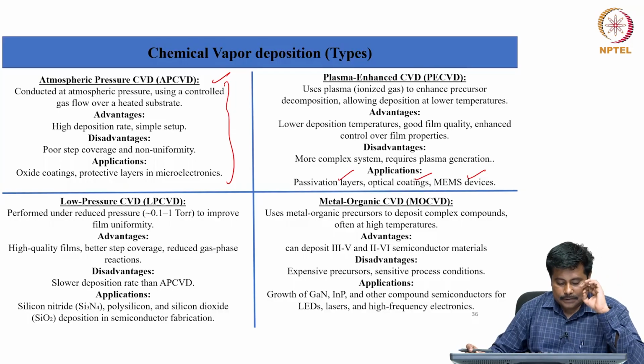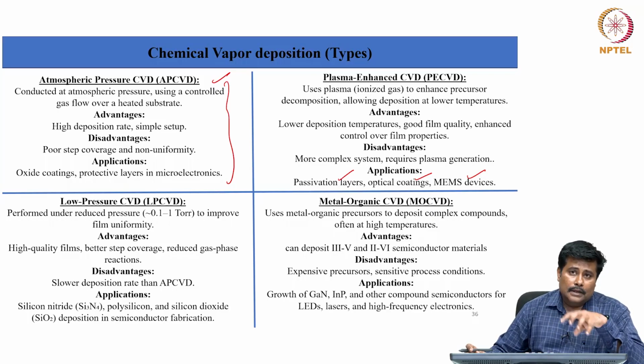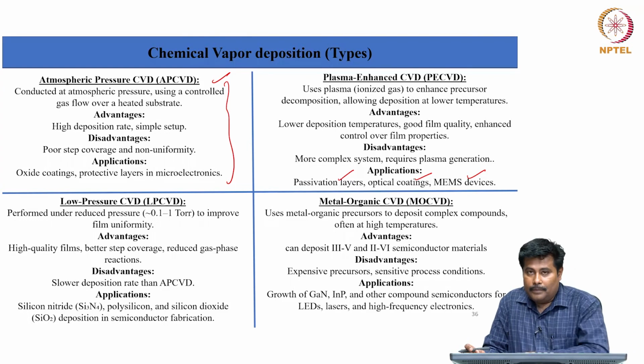Whereas from a disadvantages point of view, it has a slower deposition rate compared to atmospheric pressure CVD. From an application point of view, these systems can be deployed for silicon nitride, polysilicon and silicon dioxide deposition in semiconductor fabrication.